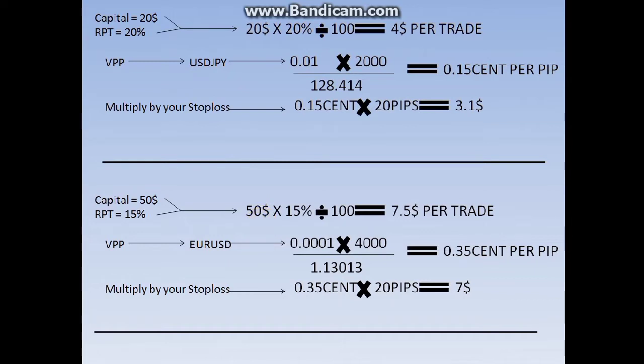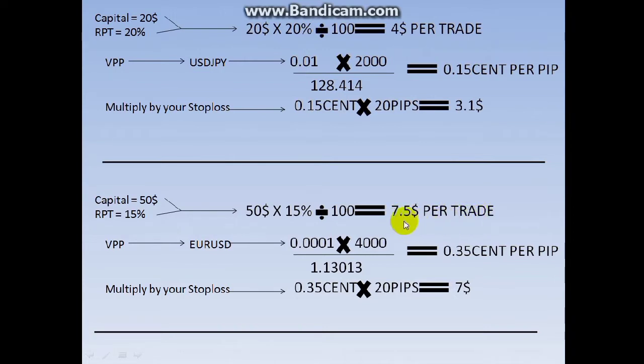Now we're going to be looking at, let's say, a $50 capital account. Our risk per trade will be 15%. So that gives us $50, our capital, times risk per trade divided by 100. That means we are risking a total of $7.5 per trade.